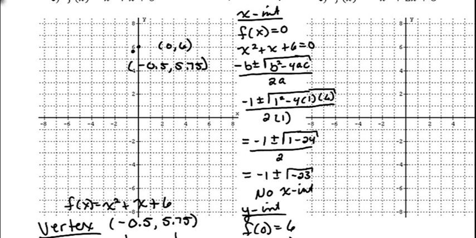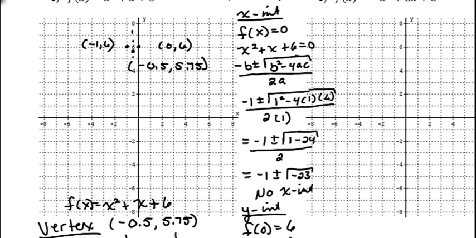The nice thing about parabolas is that they do have symmetry that we can work with, and so this is symmetric about the line that passes through the vertex here, and so we can get another point by translating this over to the other side of the vertex. So this is 1/2 unit away from the vertex, so go 1/2 unit the other way, and it's 6, and that will give you another point. So at -1, 6, we have another point.